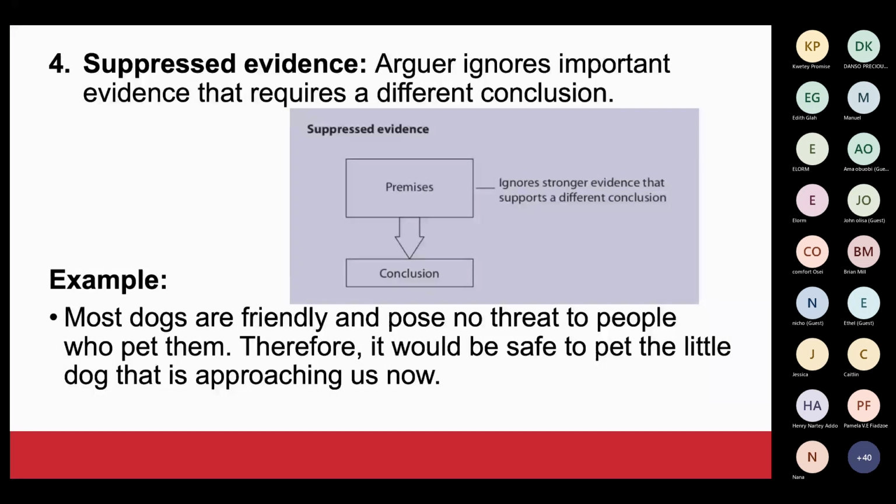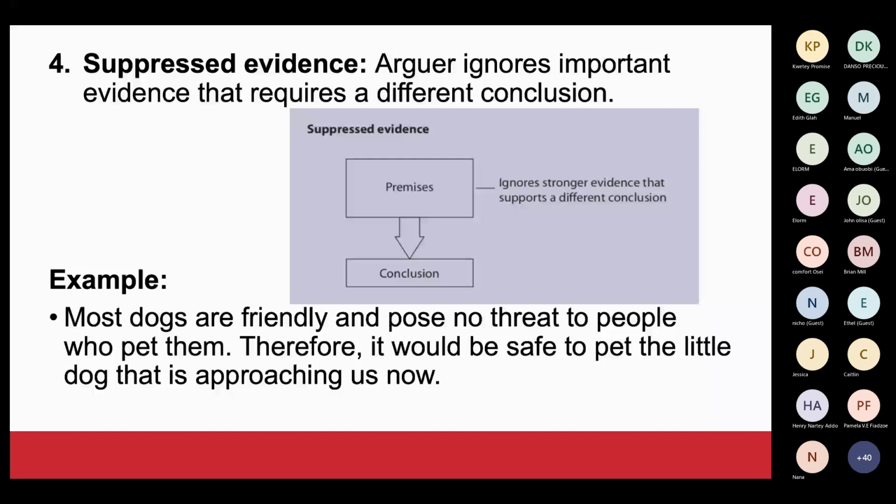Oftentimes, we may forgive and supply and supplement the evidence that is missing. Okay. But if you say most dogs are friendly and pose no threat to people who pet them, it is also possible that some dogs are not friendly, because if you are using most, then a strong evidence exists that there are some who pose a threat.